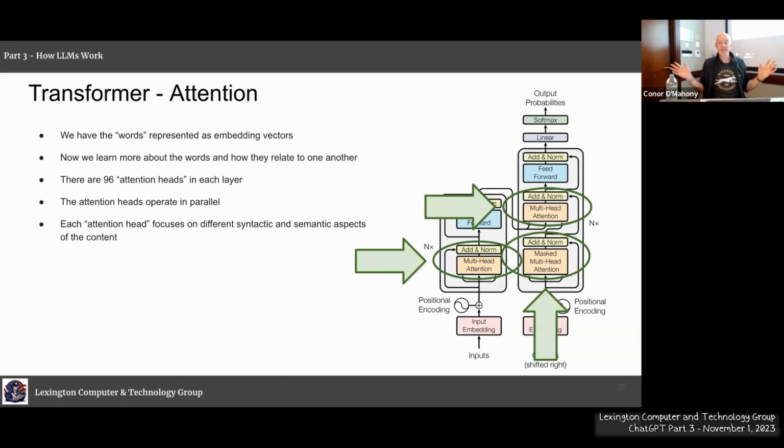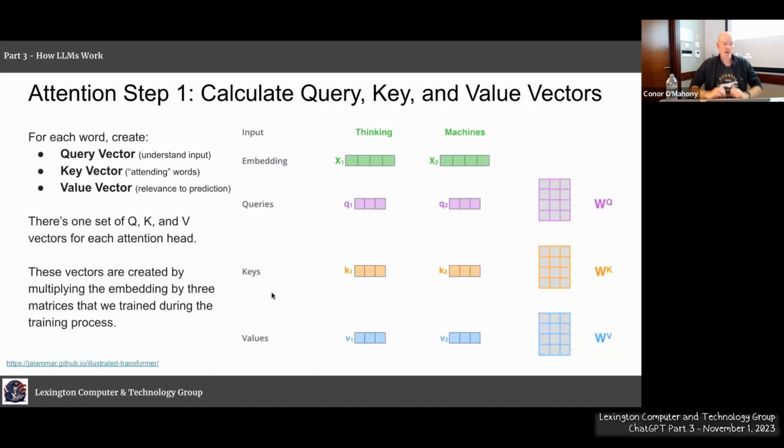All of these heads operate in parallel, which is why we need to have the positional information encoded into the vectors. Now, each attention head focuses on a different syntactic and semantic aspect of the content. I'm going to step through this, and don't worry too much about it because we're going to come back around and talk about the essence of what's happening.